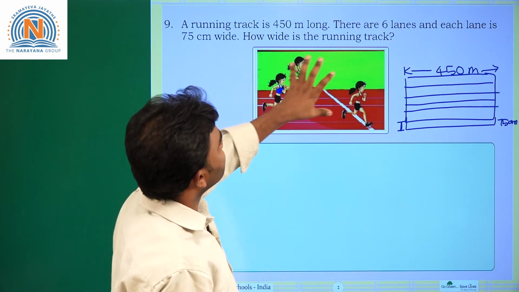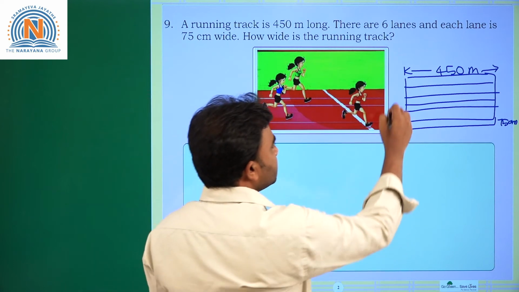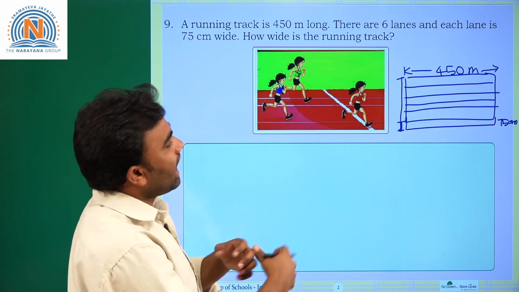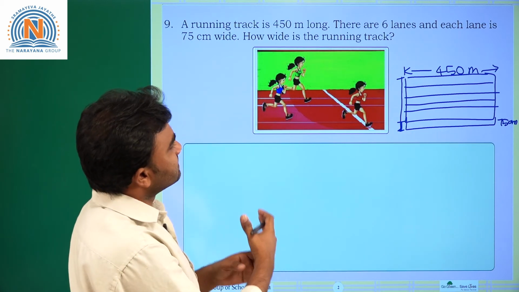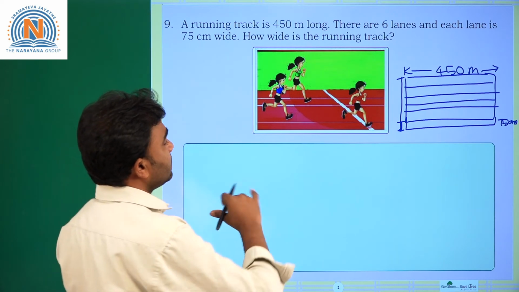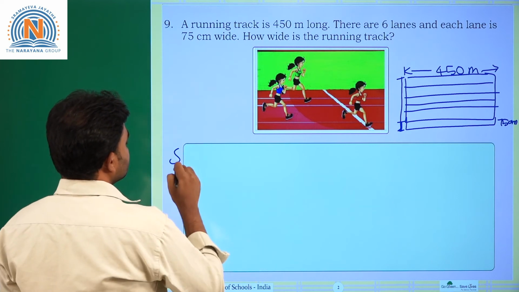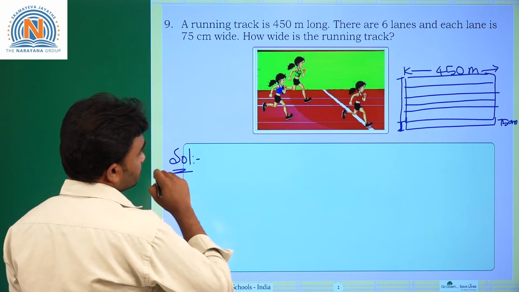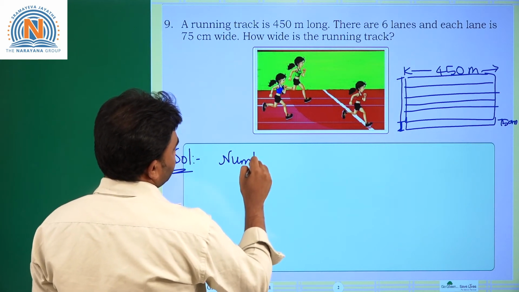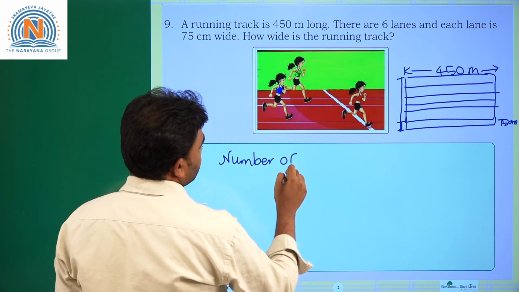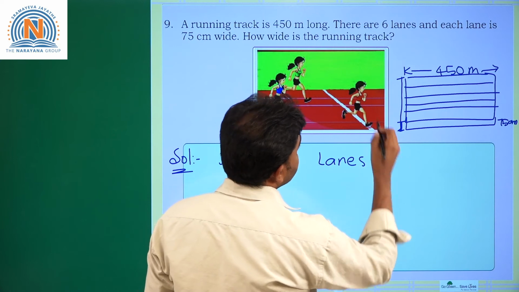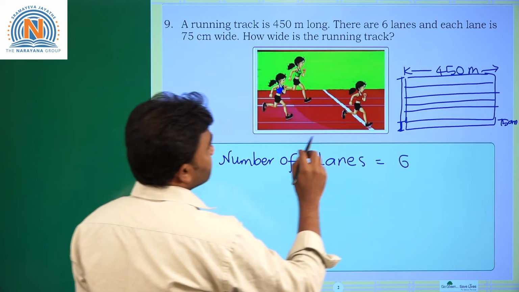How wide is the running track? To find the width of the total track, we have to add 75 six times, or else we can multiply with 6. Take the solution. Number of lanes is 6.